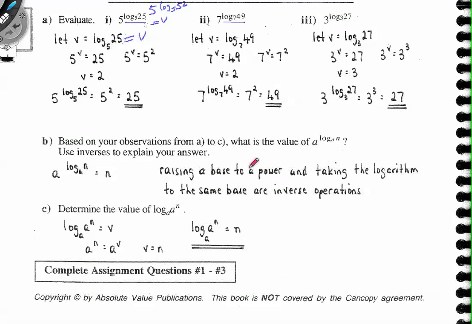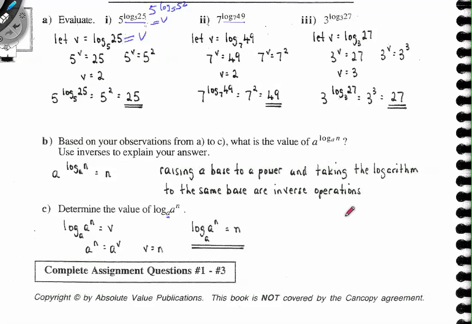So raising a base to a power and taking the logarithm to the same base are actually inverse operations. Here's the base A, and here's the base we're raising to a power, and taking the log of this to the same base, they're basically inverse operations.